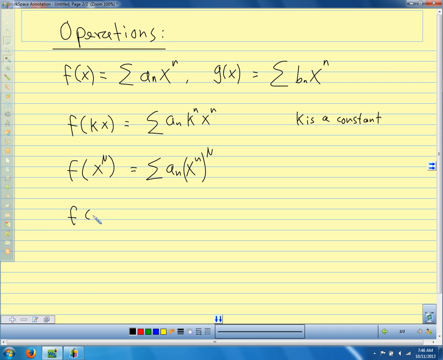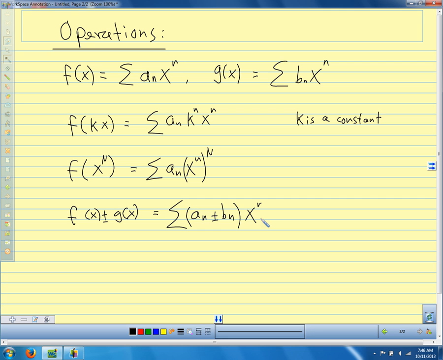So f of x plus g of x is going to be the sum of a sub n, and I'm going to say plus or minus, b sub n, x to the n. So we can add these two things together. And we're going to take advantage of these operations to manipulate our power series. So questions on our tools, what we're going to use today.